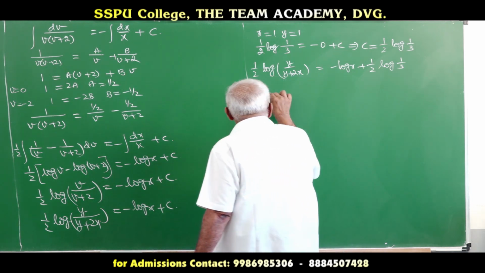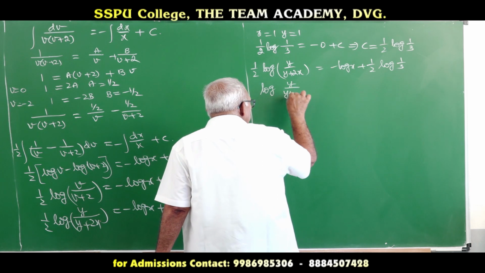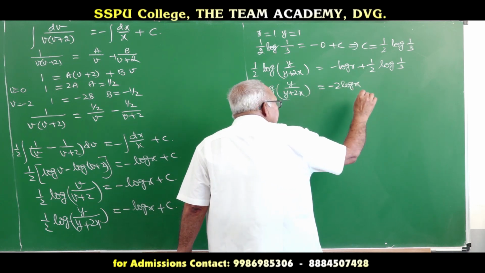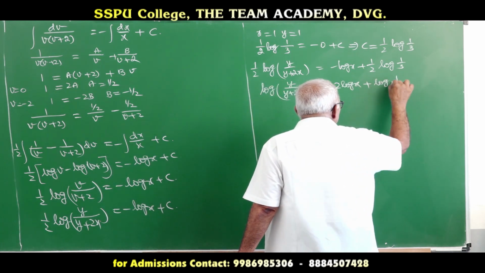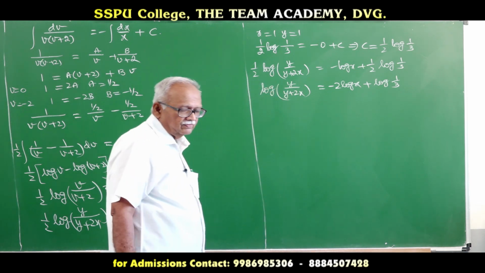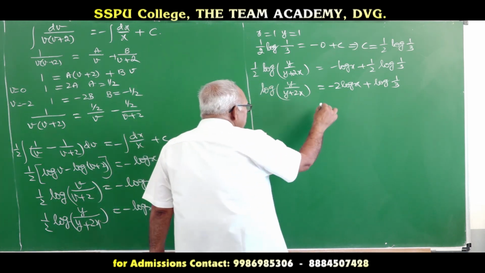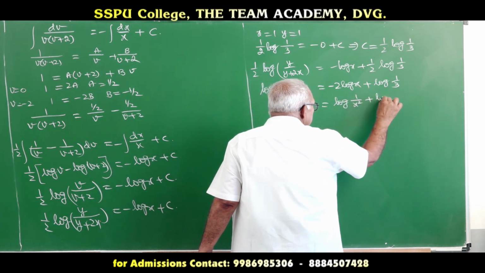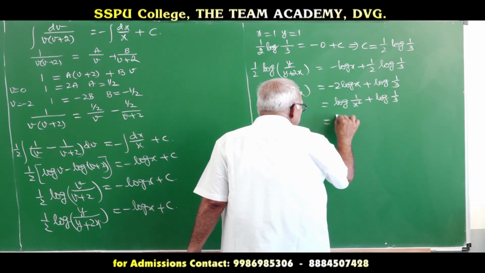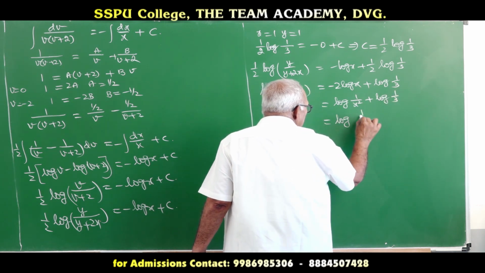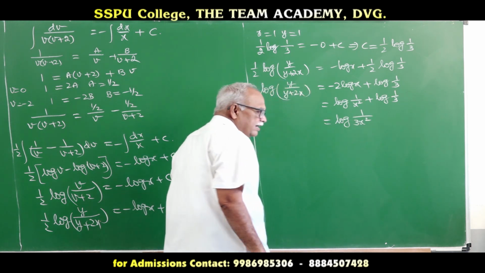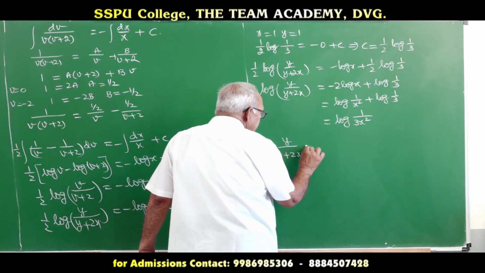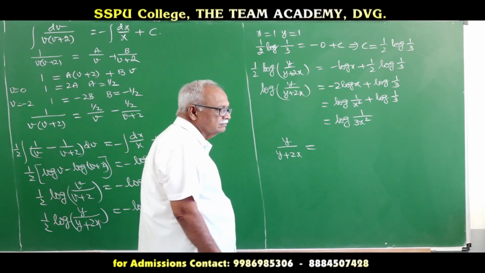Now, multiply this by 2, we can simplify this logarithm: log y by y plus 2x is equal to minus 2 log x plus log 1 by 3. This can be further simplified like this, log 1 by x square plus log 1 by 3. Further this can be simplified as log of 1 by 3x square. Now, log can be cancelled.